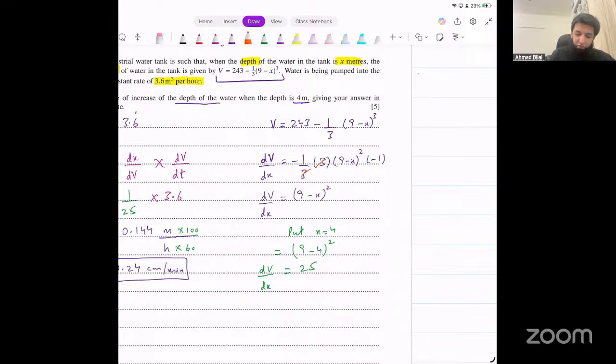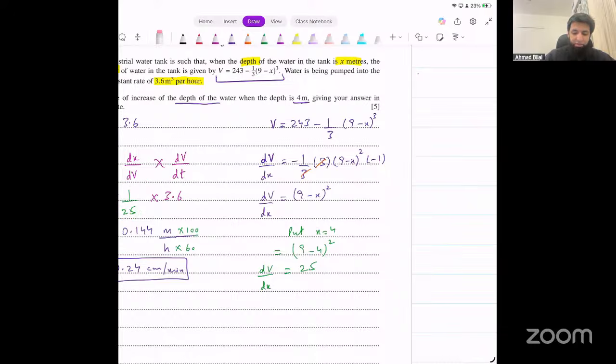You have dV over dt given. You differentiate the function to find dV over dx. At that particular point, when the value for x is 4, you get that value of dV over dx. Use the chain rule, you get a result from that. In this case, that result turns out to be 1 over 25. Now, in most questions, you would just leave it at that.